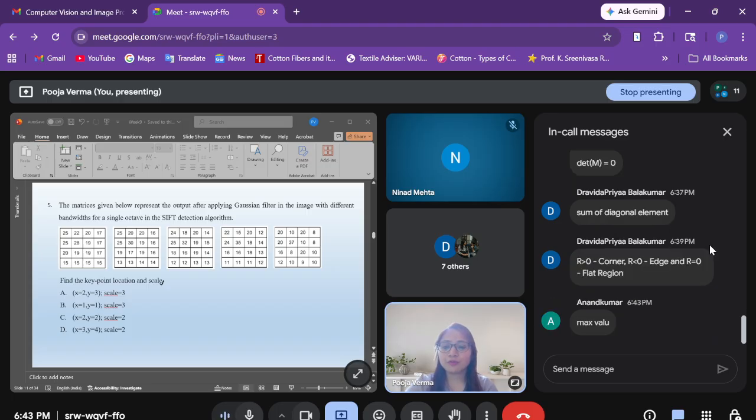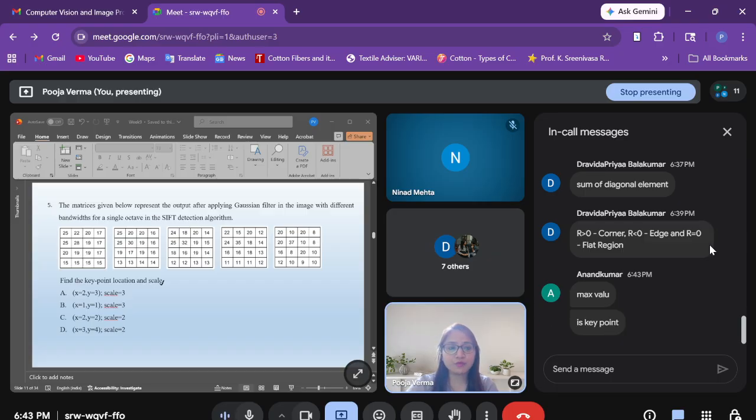So here, to find the key point in the SIFT algorithm, we need to find the local maximum or minimum in the difference of Gaussian, DoG, space, right? That means finding the value that is higher or lower than all 26 of its neighbors. So here there is one matrix.